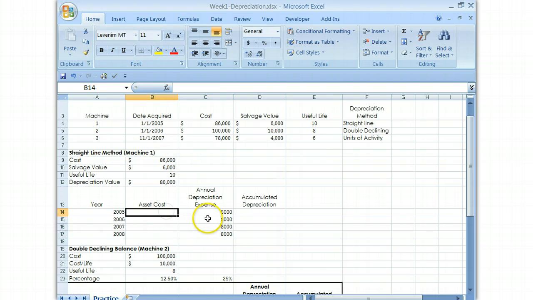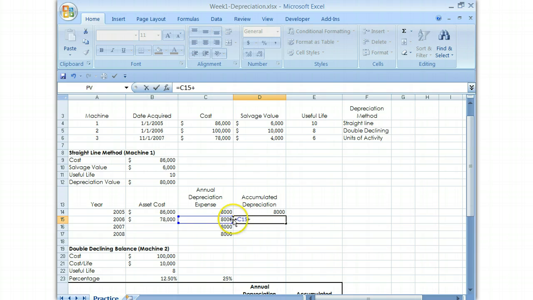Okay, and then for our asset costs, we want to go ahead and just put in our 86,000 here, and that's what we're going to start with. And then our accumulated depreciation is going to start out being our $8,000 in the first year, and it's going to add from there. So this second year, we're just going to be subtracting our 86 minus our 8, and here we're going to be adding our 8,000 plus our 8.